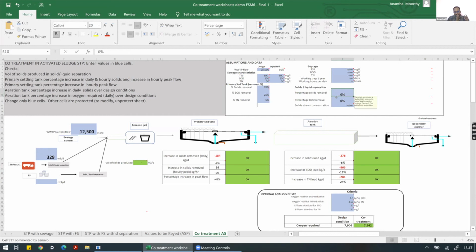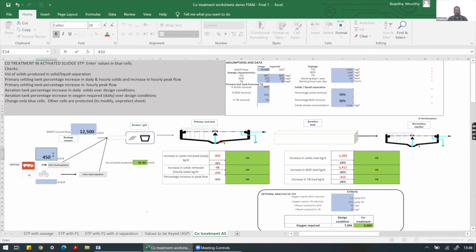So now with the same capacity of fecal sludge that we are adding, 329, if we assume a 30% and 50% solid liquid separation, either in the form of screw press, decanter, or a thickening tank, gravity thickener, can it still handle? Yes, it can handle. There are no deviations on the indicators that we have seen.